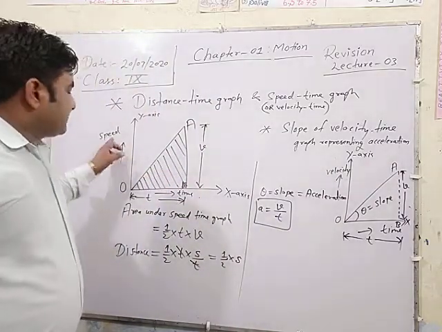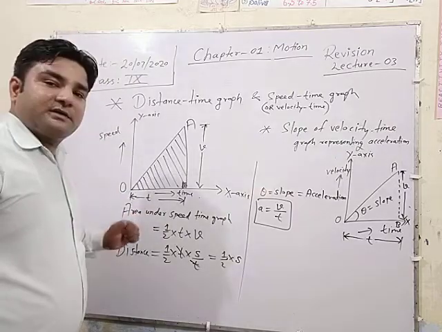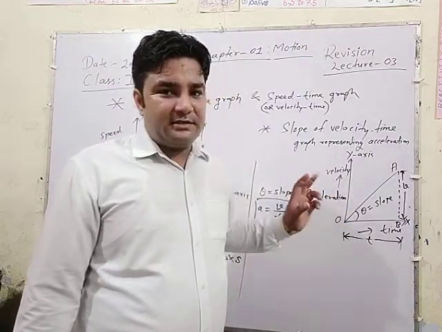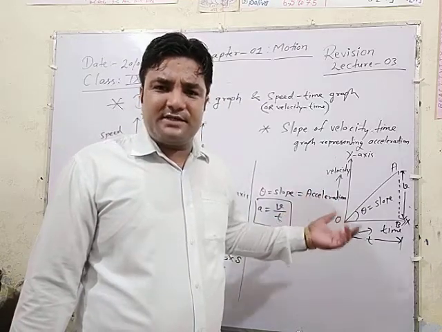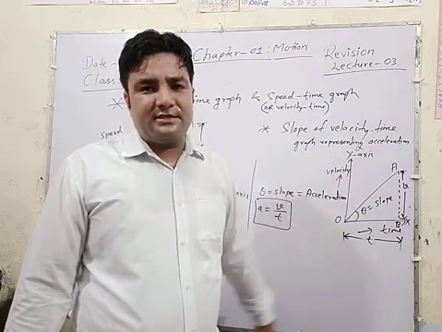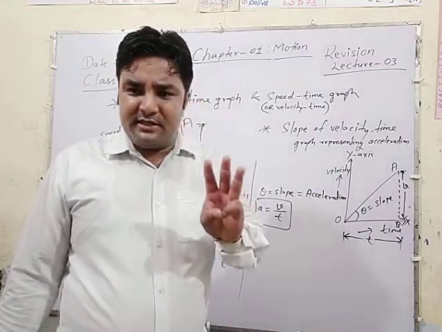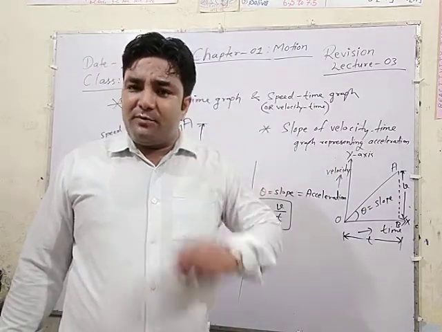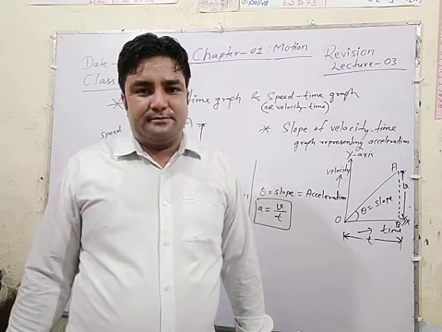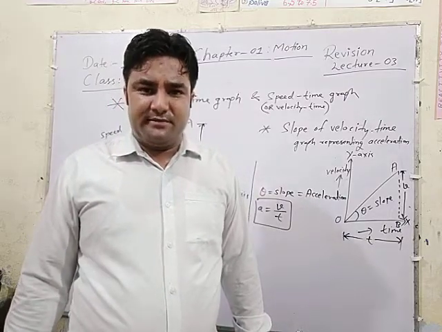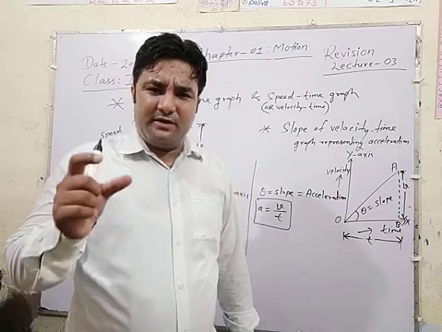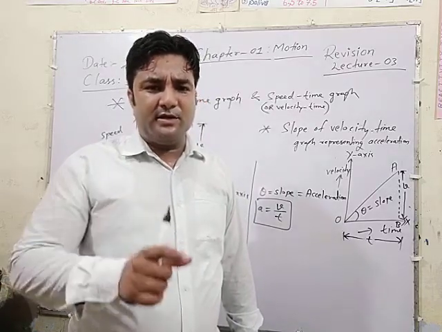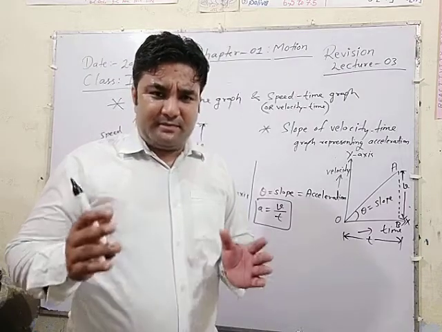When we take a velocity-time graph, it represents displacement. The slope of a velocity-time graph is acceleration, or if you take the slope of a speed-time graph, it also represents acceleration. These three concepts are very important for deriving the equations of motion by the graphical method. In an easy way, only one graph is sufficient to solve the numerical.